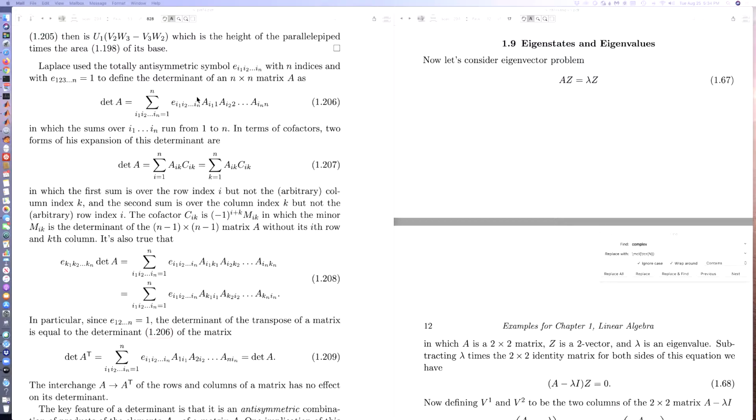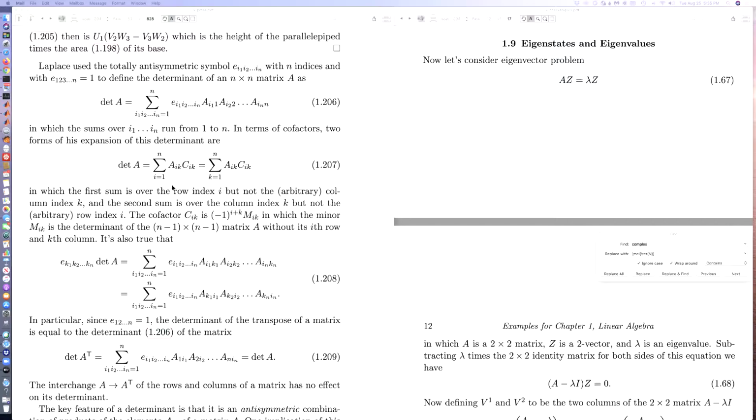Anyway, the determinant of an n by n matrix is then this n-dimensional anti-symmetric symbol times a sum over all the row indices, with the column indices arranged this way.